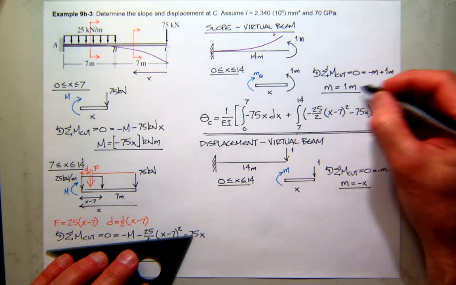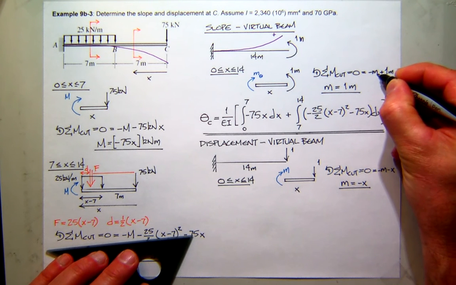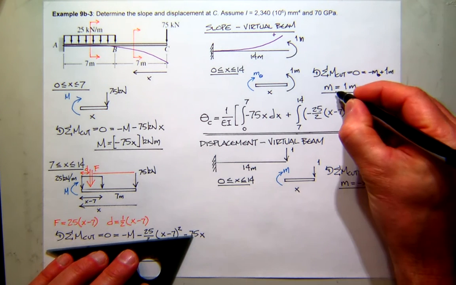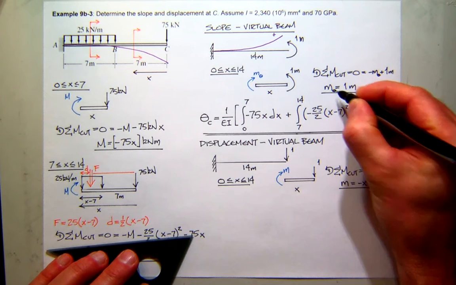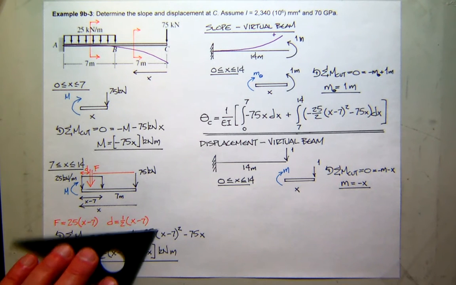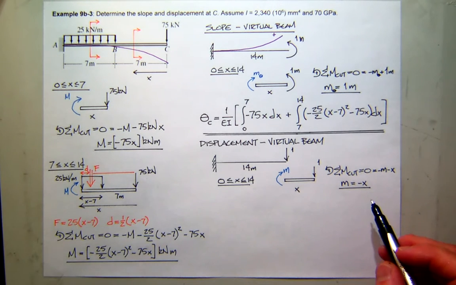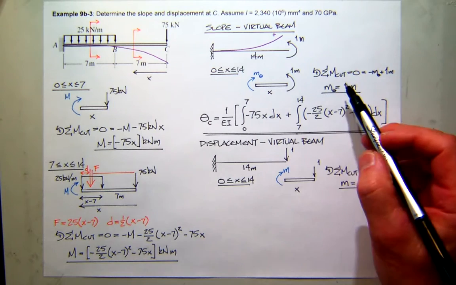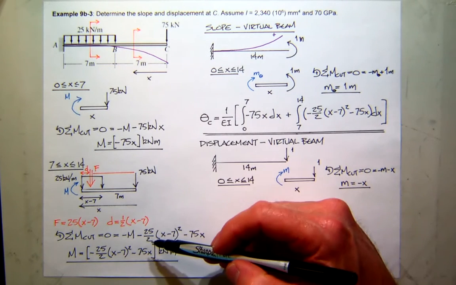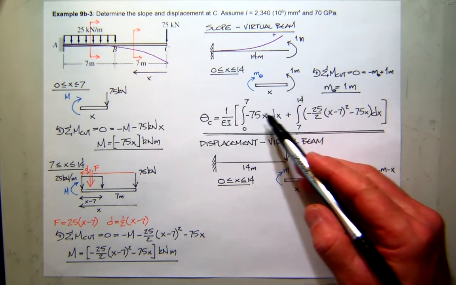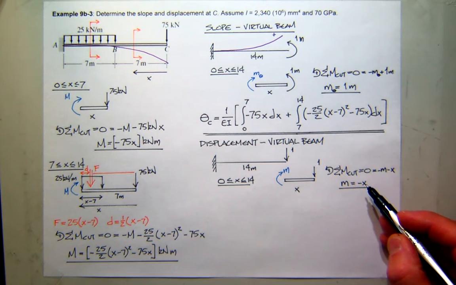I guess technically up in this expression I would also subscript that theta and that theta. So now all I have to do is, instead of multiplying by 1 for the slope, for the displacement it's going to look very similar, except I'm going to multiply by negative x.